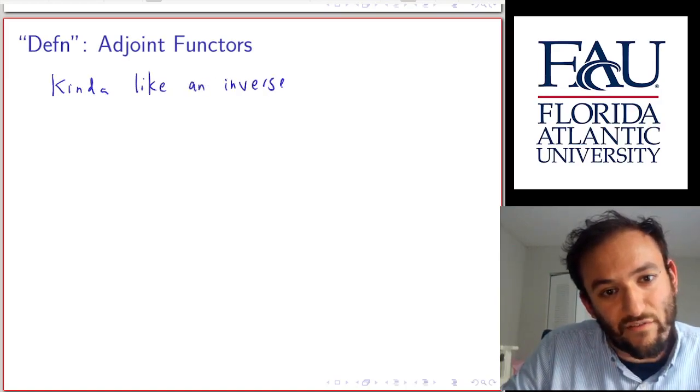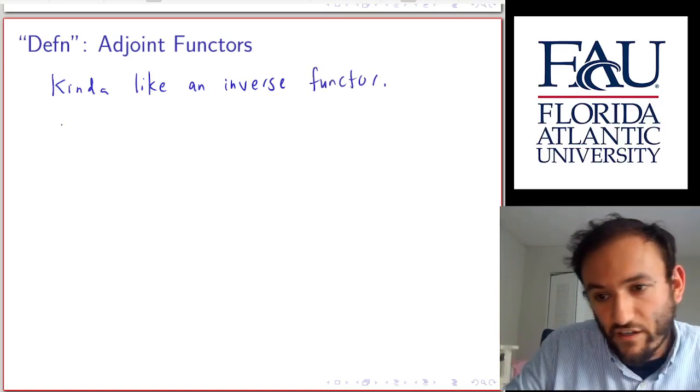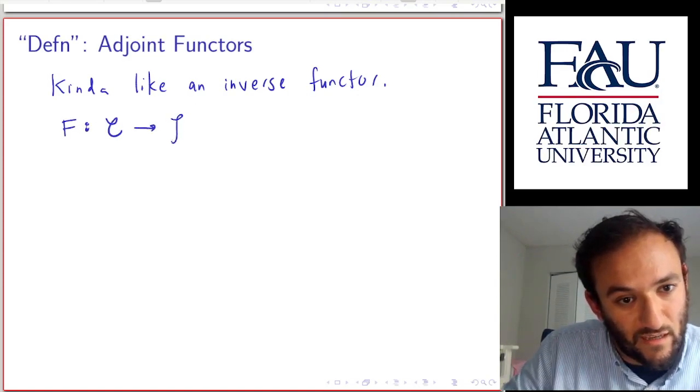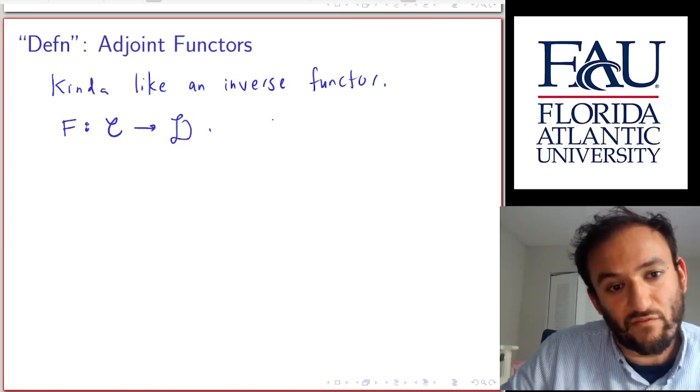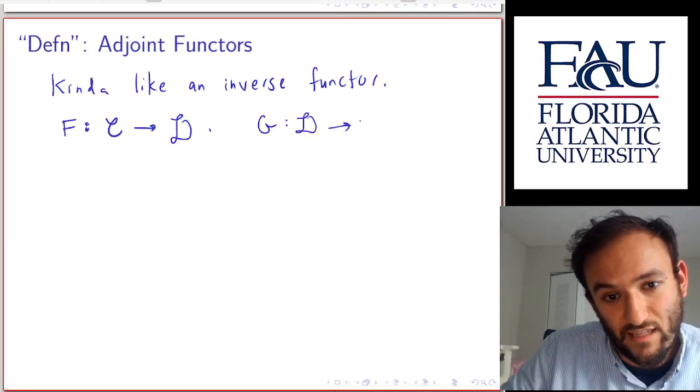So if you have a functor f from a category C to a category D, and a functor g, which takes you from the category D to the category C.